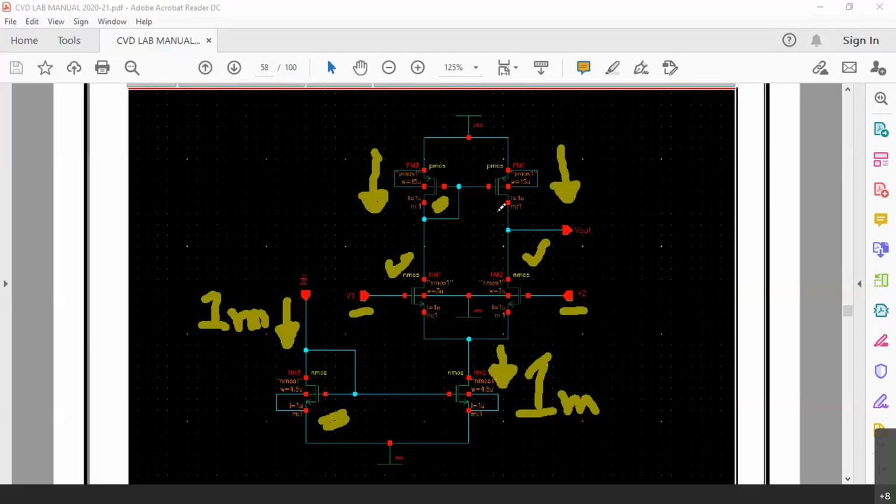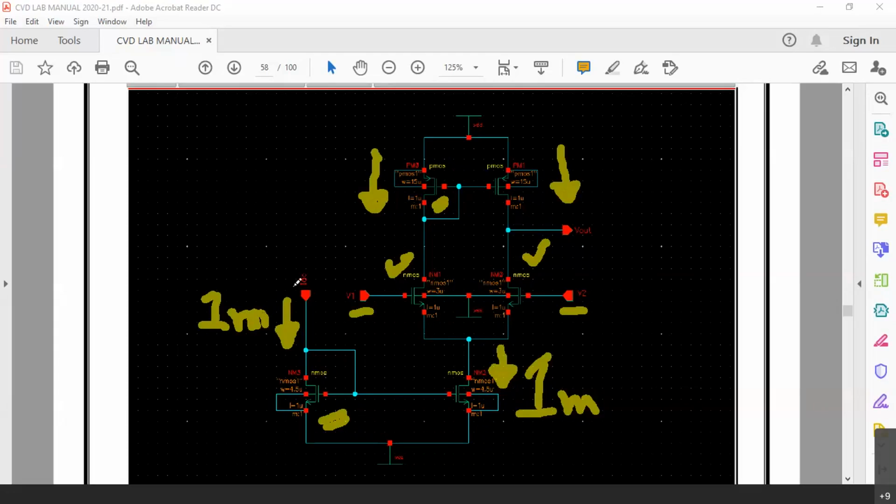All other dimensions are also the same. You can observe here that the upper PMOS has a width of 15 micrometer, whereas the amplifying NMOS has a width of 3 micrometer, and the biasing transistor below has a width of 4.5 micrometer. They are all related that way. Length is 1 micron everywhere for all these devices.